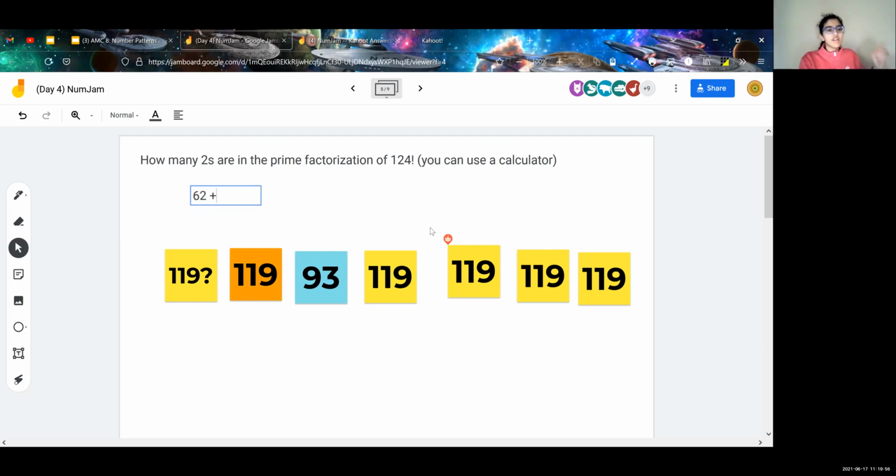Then 124 divided by 4 is 31. 124 divided by 8 is 15 when rounded down. 124 divided by 16 is 7 rounded down. 124 divided by 32 is 3 rounded down. Then 124 divided by 64 rounded down would be 1, right? So that would be equal to 119.